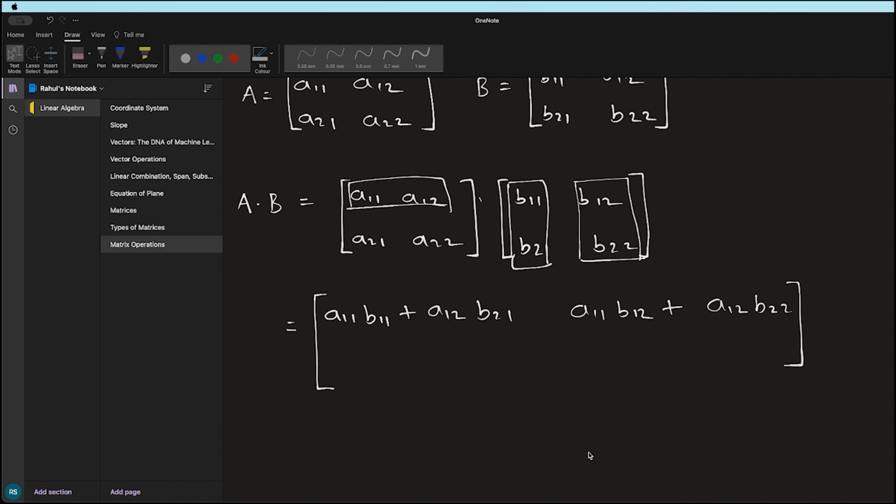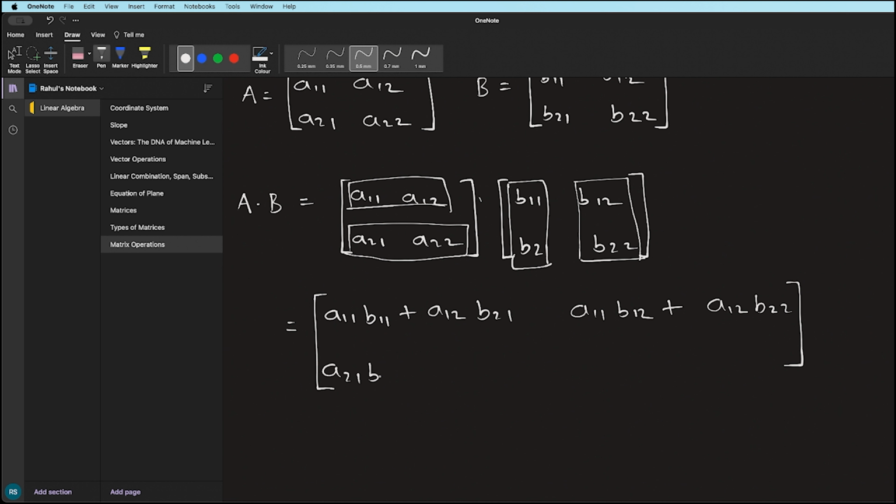Then I will be considering the second row now. Second row of matrix A and first column of matrix B. So this will be A21 B11 plus A22 B21.